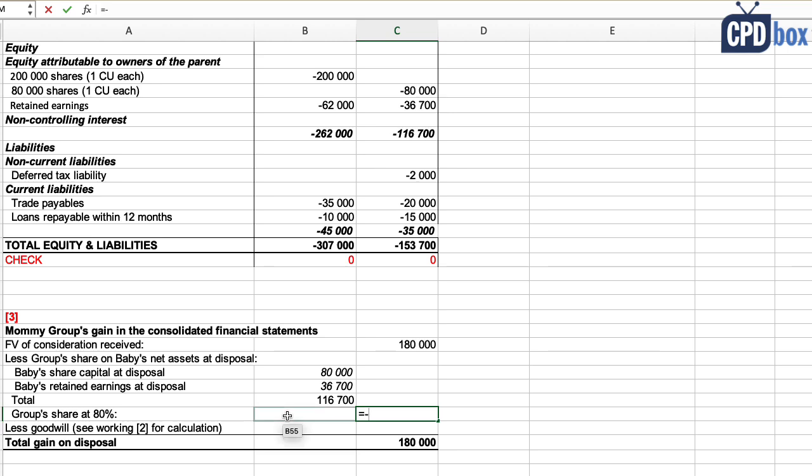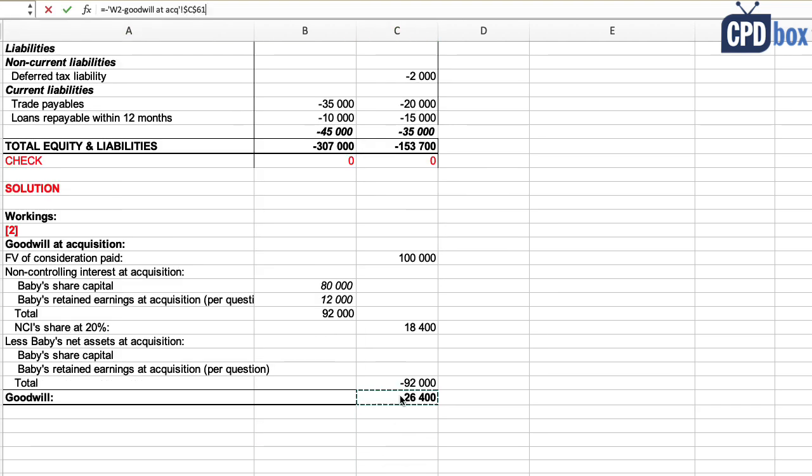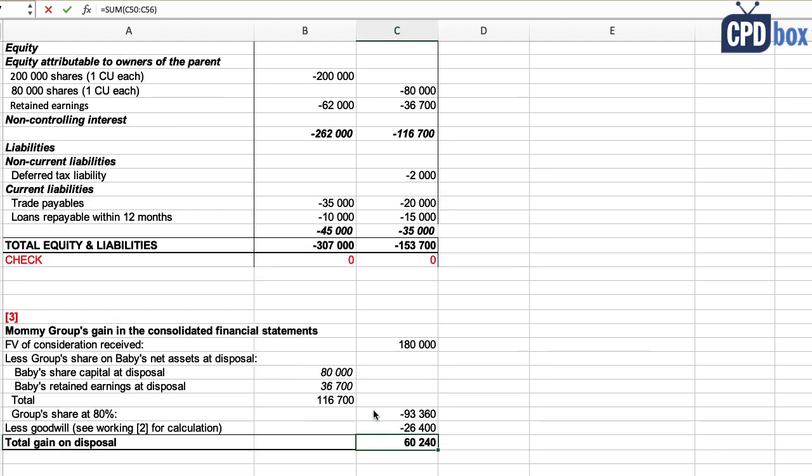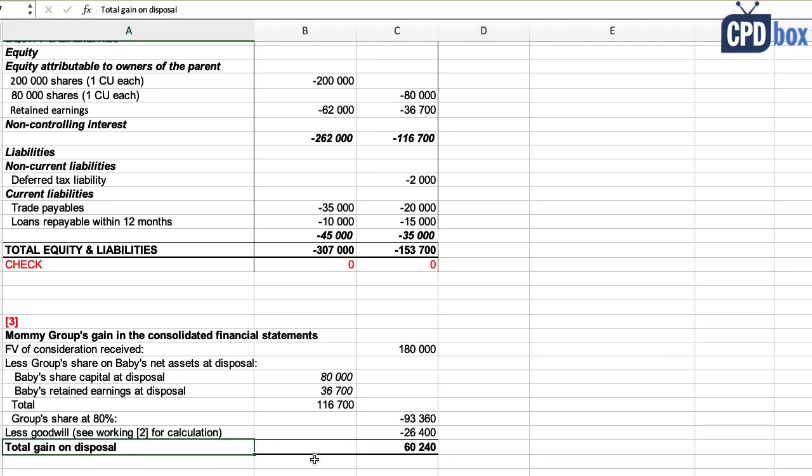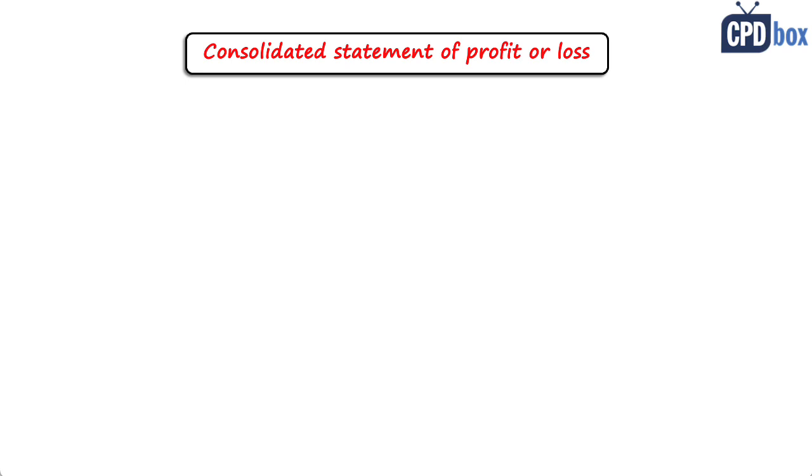And then group's share of 80% is 93,360. Less goodwill, which we calculated in working number 2, minus 26,400. And so total group's gain on disposal is 60,240.